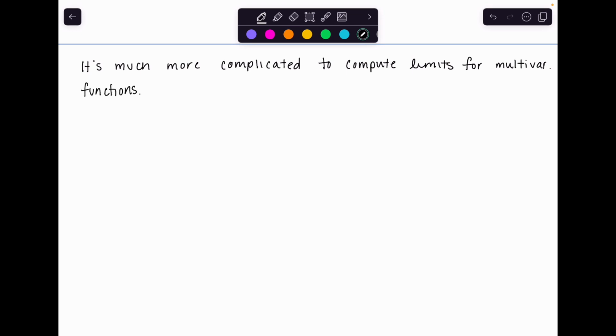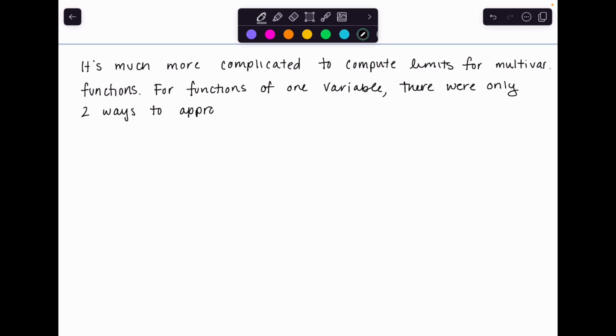For functions of one variable, there were only 2 ways to approach a point: from the left or from the right.